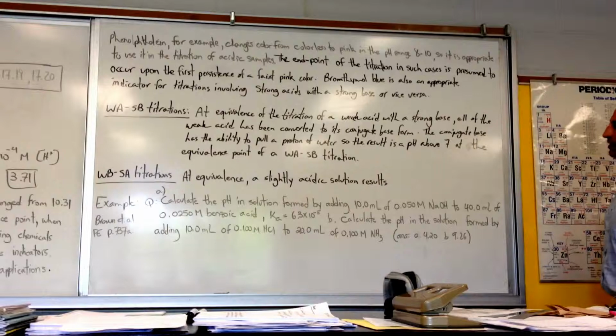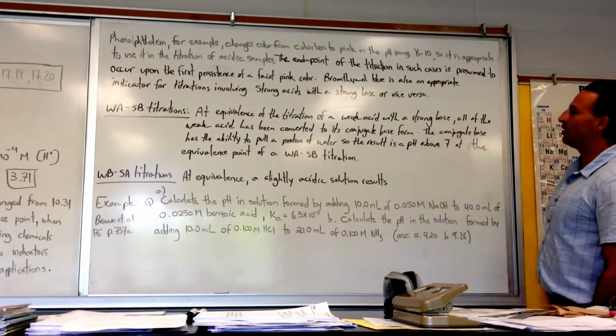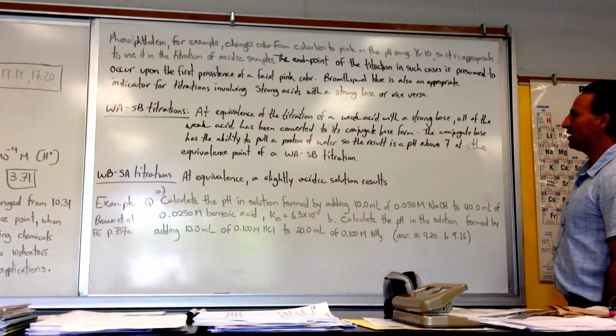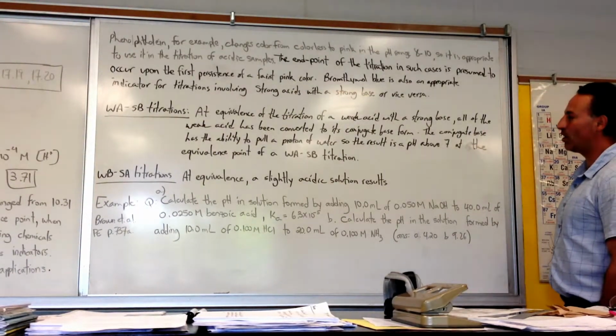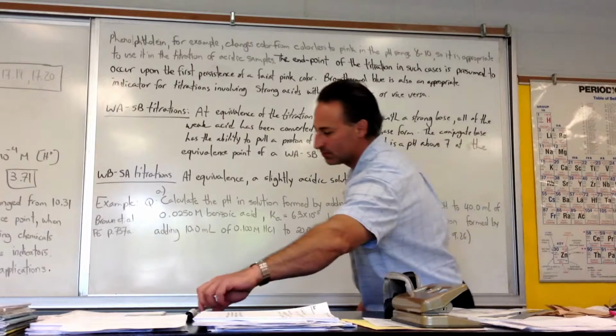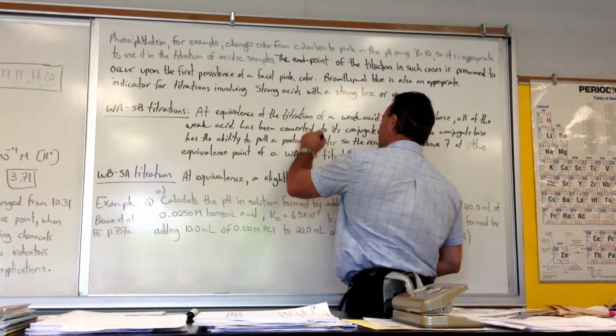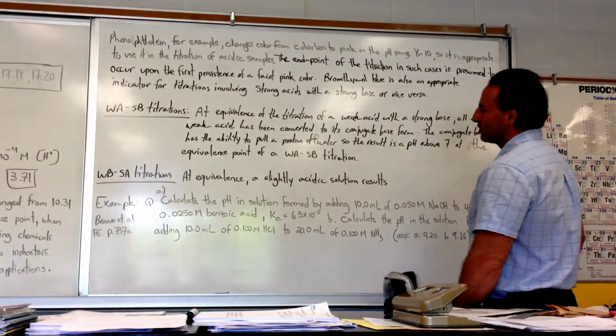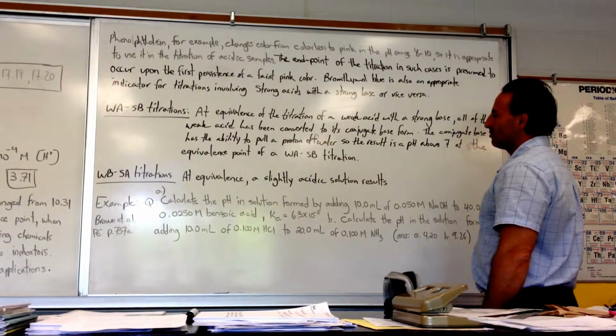At equivalence of the titration of a weak acid with a strong base, all of the weak acid has been converted to its conjugate base form. The conjugate base has the ability to pull a proton off water. So the result is a pH above 7 at the equivalence point of a weak acid, strong base titration.